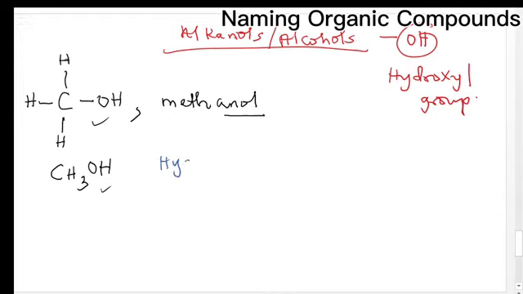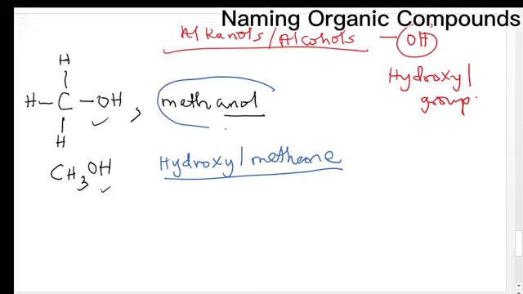They can call it hydroxyl methane, meaning a methane that has a hydroxyl, but that's not the common IUPAC name. This is the IUPAC name, methanol. Are you getting my explanation?